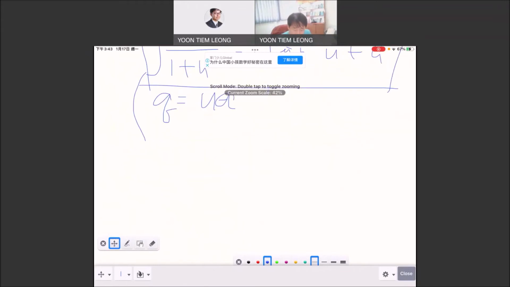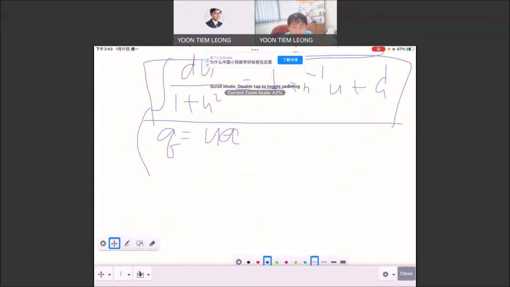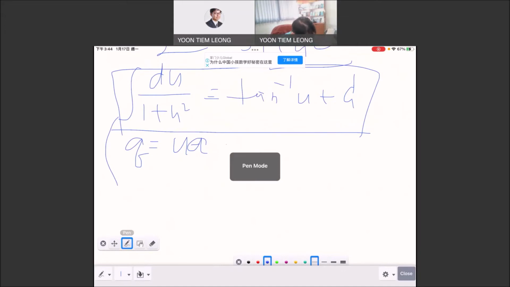If I'm not, then I'm going to redefine q to be u minus a instead of u times a. But basically, if it's not u times a, it will be q equals u divided by a. But let us try this anyway. If you're faster than me, then you can see whether I should define this as u times a or u minus a. So here my dq is just equal to the constant a times du.